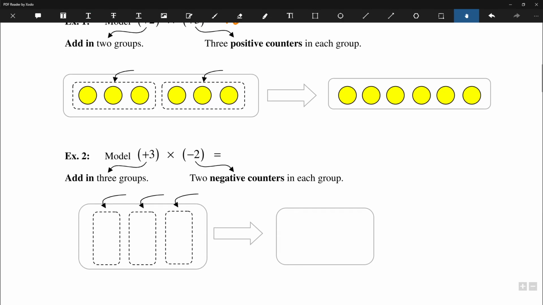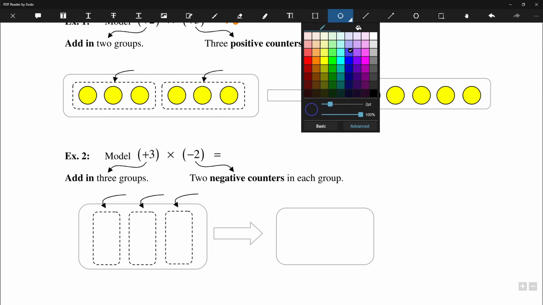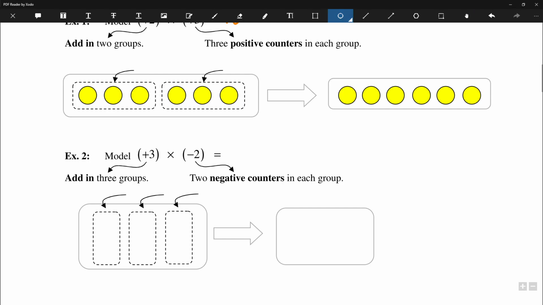Likewise, in the second example, we have +3 times -2. So we're going to add in three groups with -2 counters in each group. We're going to use the colors from the beginning of the notes to represent negative counters. So -1, 2, 3, 4, 5, and 6. Of course the product then will be -6.